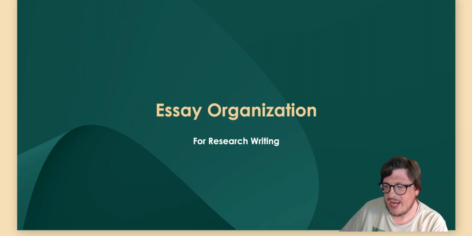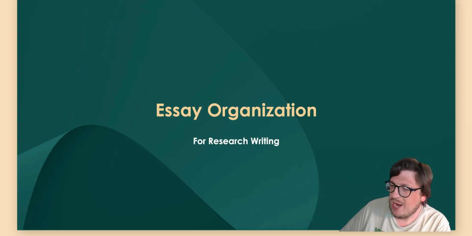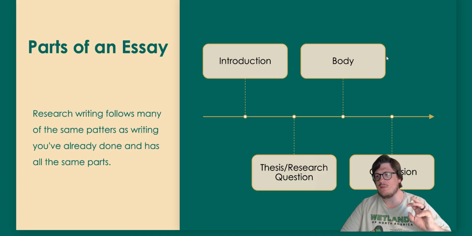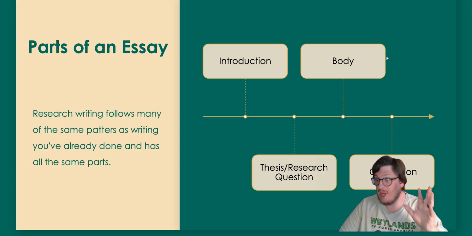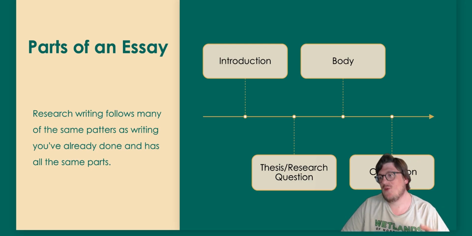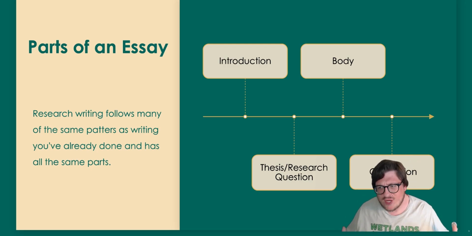What parts does it have? How is it organized? How do I figure out where my sources go? How do I organize my ideas? So one thing is that if you've written other essays, research essays also contain pretty much all of the same parts.